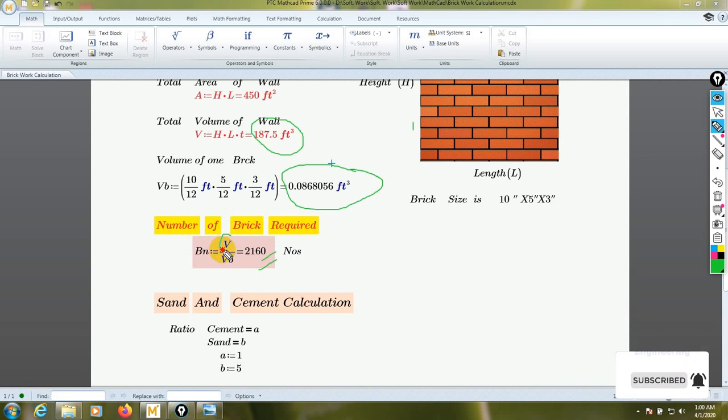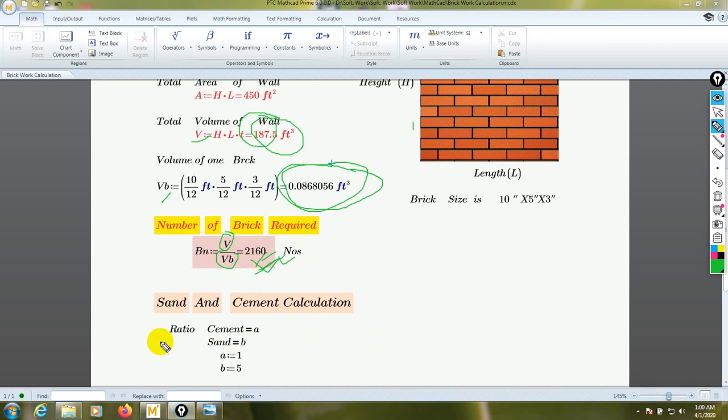So this is V by Vb, where Vb is the volume of one brick and V is the total volume of brick work. If we divide that value by that value, we'll find the number of bricks required. So we have found our value.